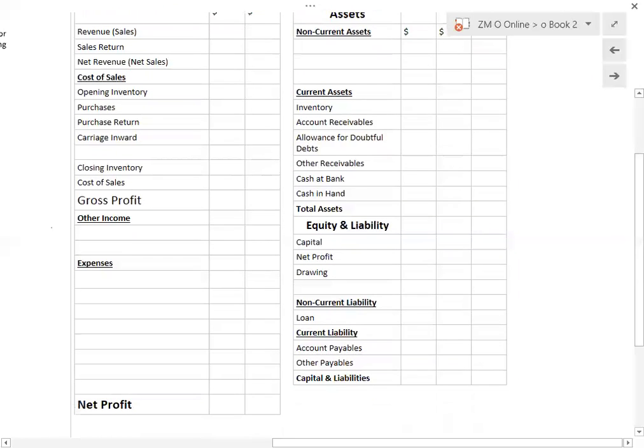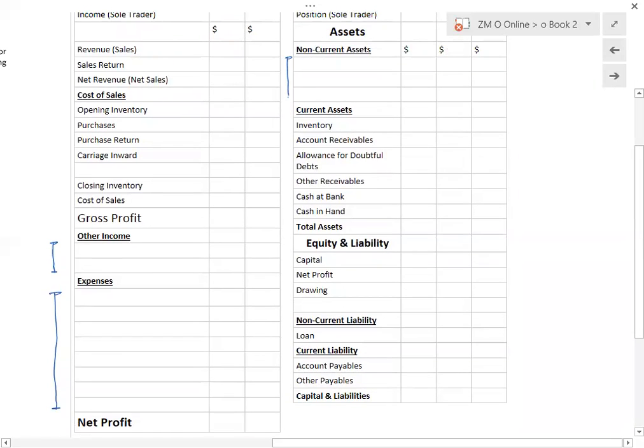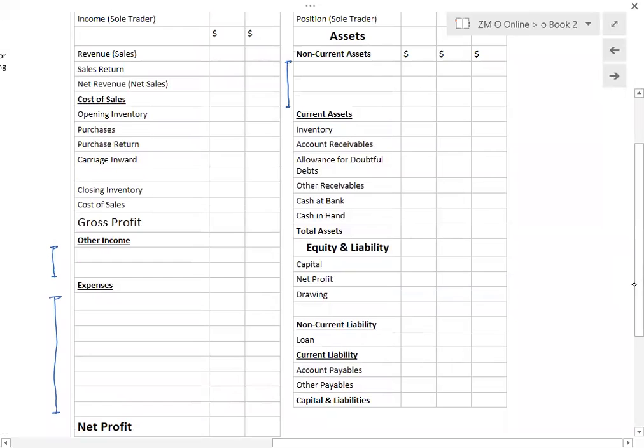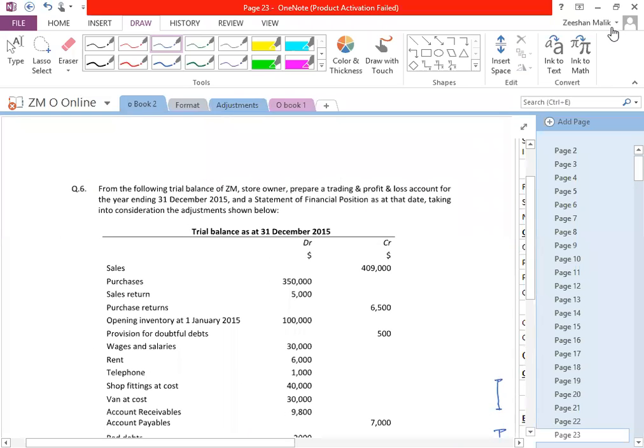What can change? Incomes can change. Expenses of each business may change. And the non-current asset. Other things would remain the same. So I write the format beforehand so that we don't miss any item and our time is saved.